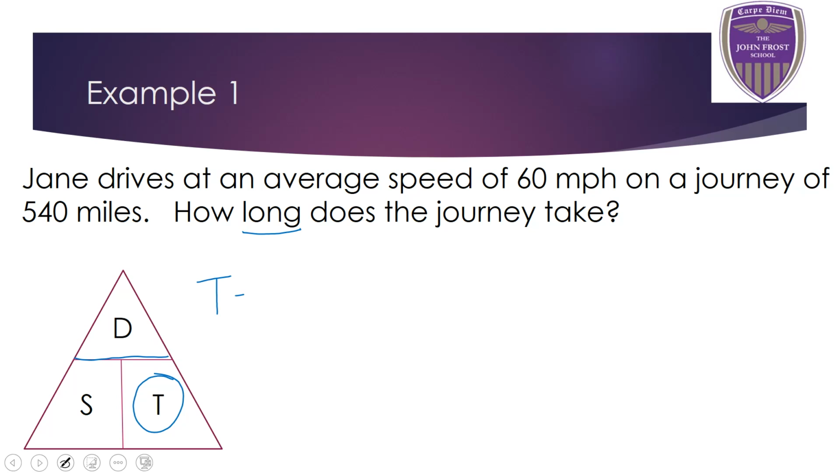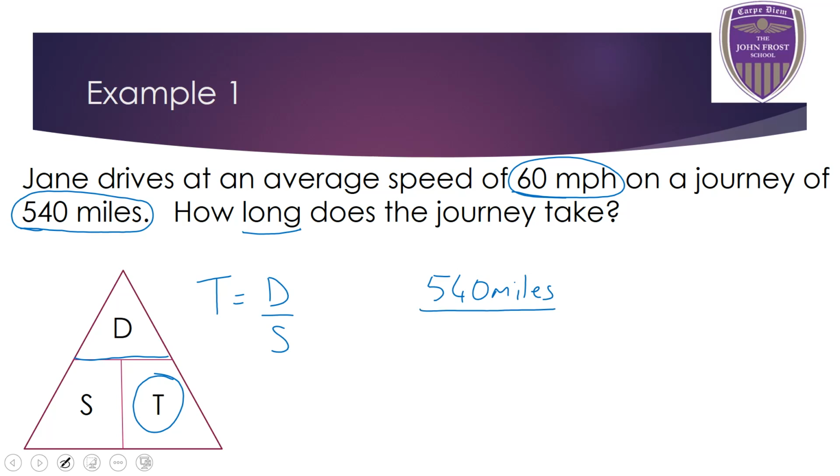So to work out this problem, I know I'm going to divide the distance by the speed. Going back to the information in the question, Jane's distance was 540 miles, and the average speed she takes is 60 miles per hour. So I'm going to divide that by 60 miles per hour.